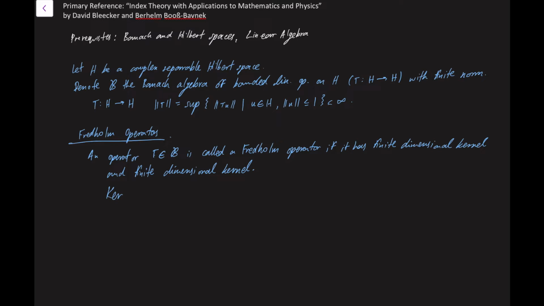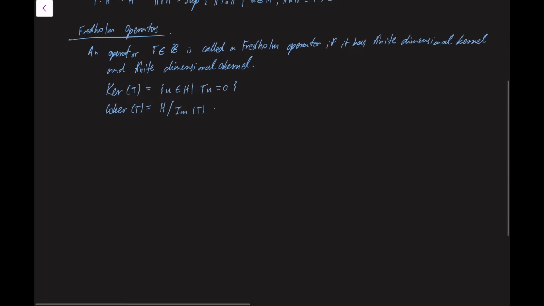Recall that the kernel of an operator is the set of all points u in H that get mapped to 0, and the co-kernel of an operator is H quotiented by the image of the operator. So it's essentially the equivalence classes of all points that don't get hit by the operator in the range. So these two quantities have to be finite dimensional, and if they are, then we call this operator Fredholm.